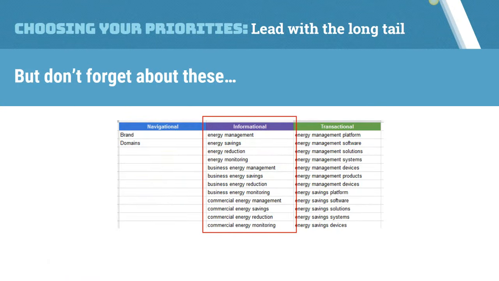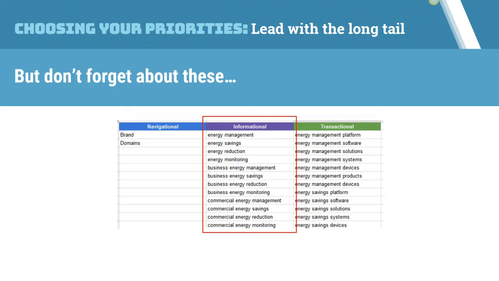Even though you do that, you don't necessarily want to forget about your lower priority keywords, the more informational keywords, because they're still going to contain your audience, and you're still going to want to take advantage of the opportunity to establish that connection with them.